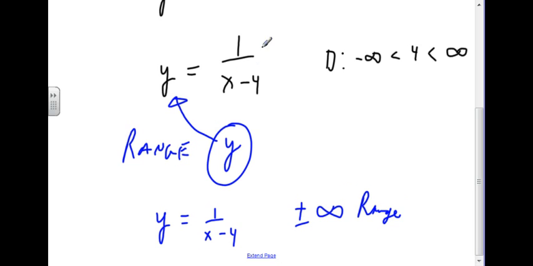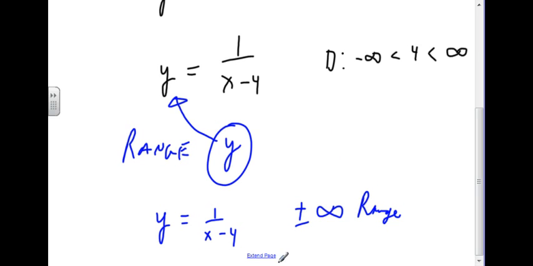Will 0 be in there? Y can be 0. Y can be 0? If y is 0, what's x? Four?